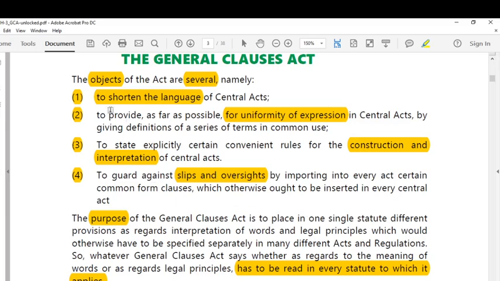Right. So these are the four objectives. To guard against slips and oversights by importing into every act certain common form clauses, this object of the General Clauses Act will be fulfilled.